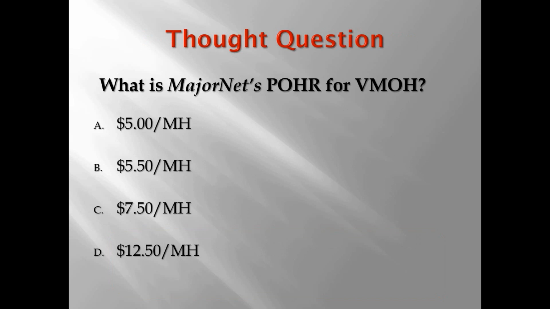So, my first question to you is, what is Medinets' predetermined overhead rate for variable manufacturing overhead during December? Pause your slideshow so you have a chance to try to answer this question.